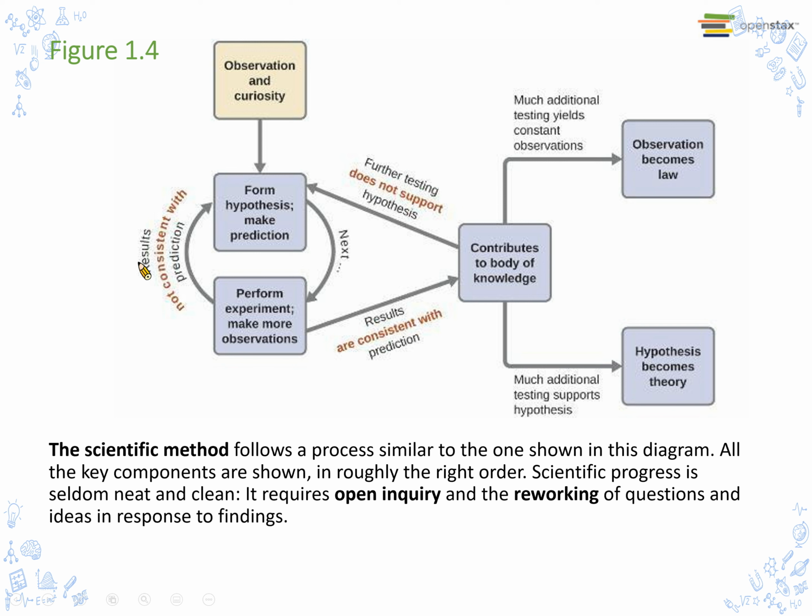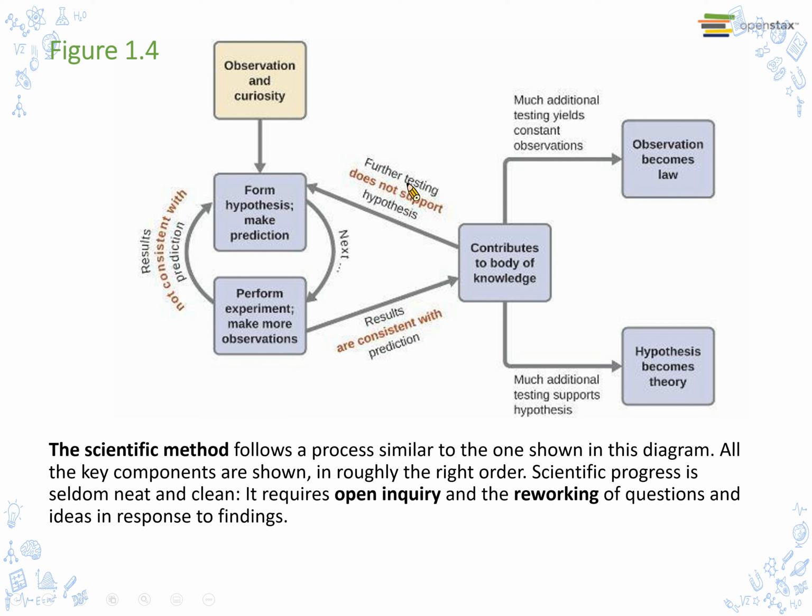If the result is not consistent with the prediction, we will come back to form a hypothesis and make a prediction, and next perform experiments. This is a loop here. If fortunately the results are consistent with the prediction, we go to the next step, contribute to the body of knowledge.